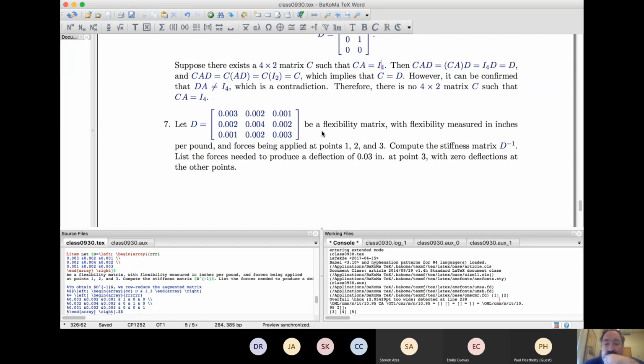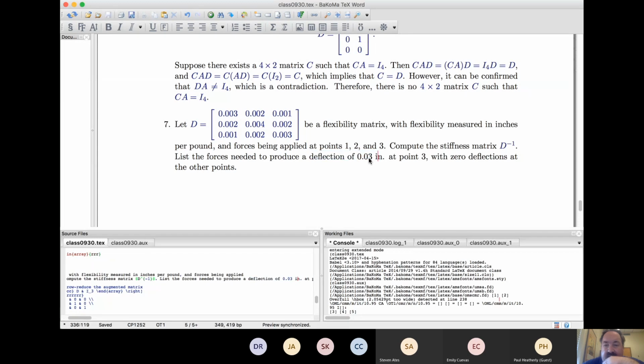So what we're really trying to do is solve a system where the right-hand side is deflection values. So we have a deflection of 0.03 inches at point 3, and 0 deflections at the other points. So in other words, the right-hand side is 0, 0, and then 0.03. So the first job is to get the inverse of this flexibility matrix.